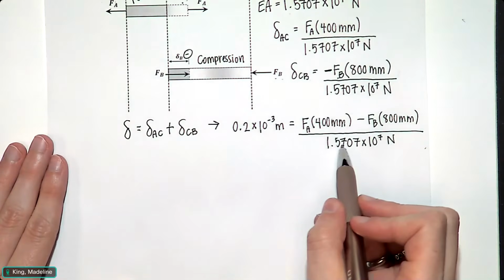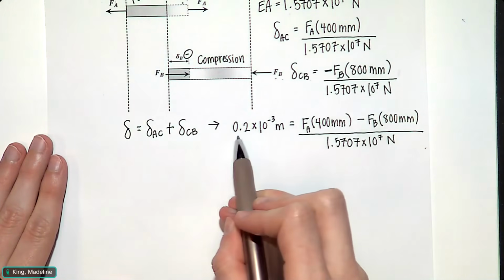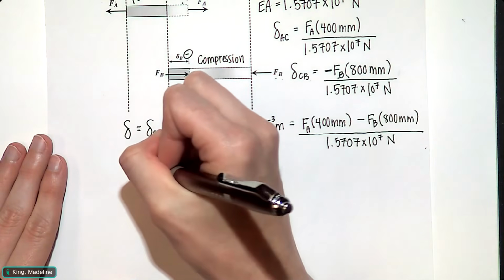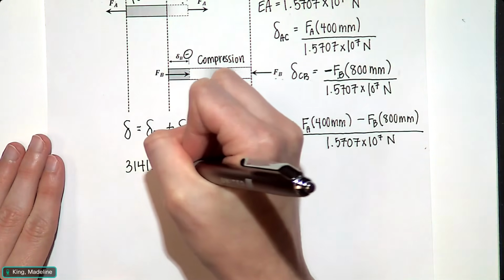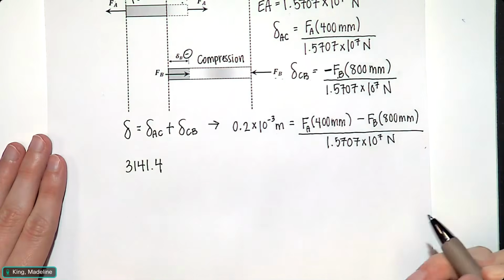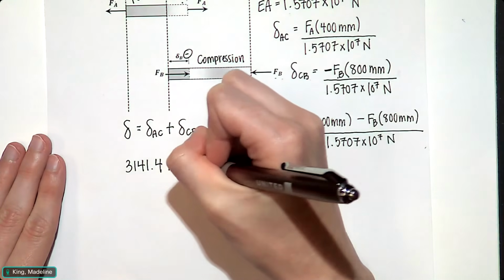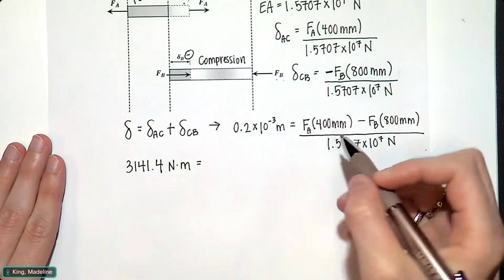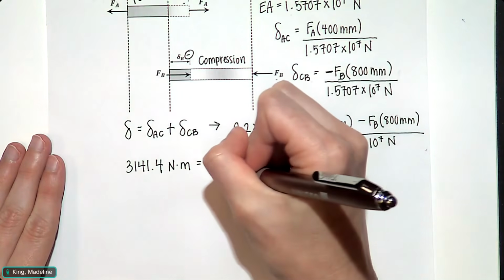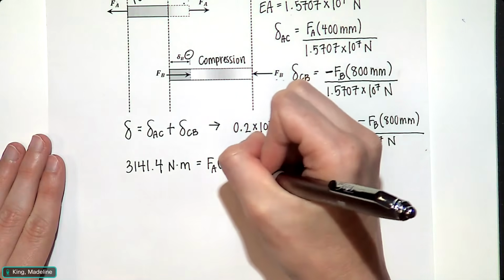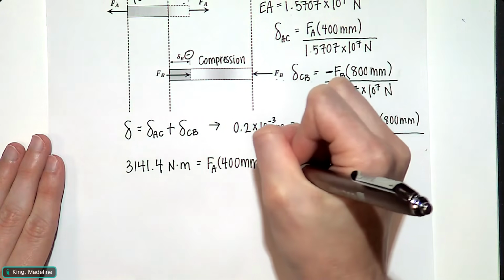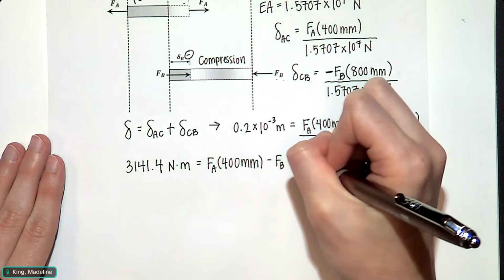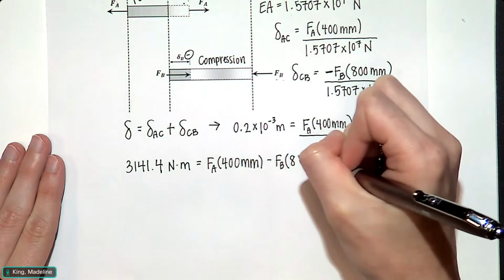So multiplying this number times this one, we will come out to 3141.4 newtons times a meter, is equal to FA times 400 millimeters minus FB of 800 millimeters.